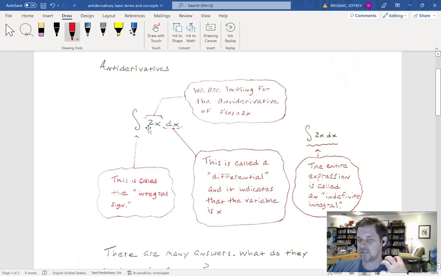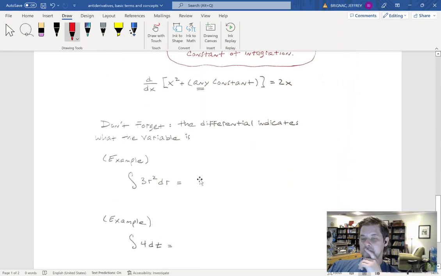I've got the function I'm looking for the antiderivative of, and then I've got this dx. It's going to be d something every time, and it's going to indicate the variable. It could be dx, dy. You got the whole alphabet, but it'll be d something, and it'll indicate the variable. So let's keep that in mind.